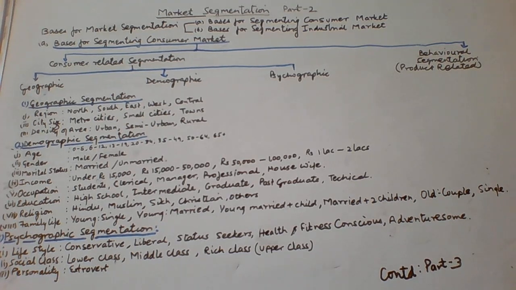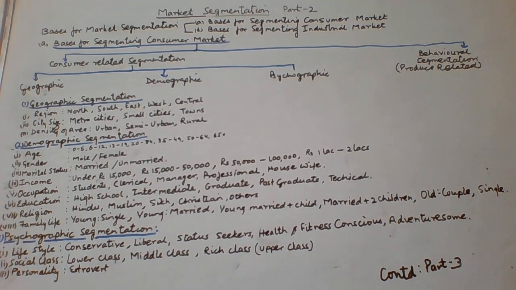Again, at the micro level, geographic segmentation is to evaluate and understand the density of the area, whether we want to cater to the urban market, the semi-urban market, or the rural market.